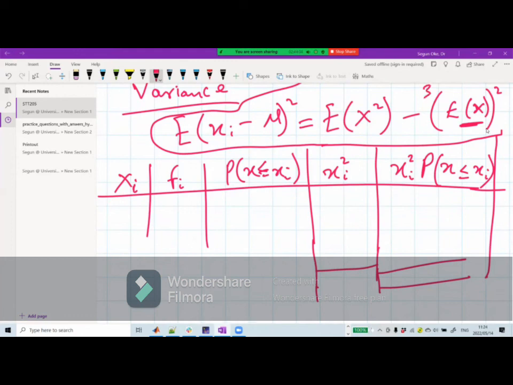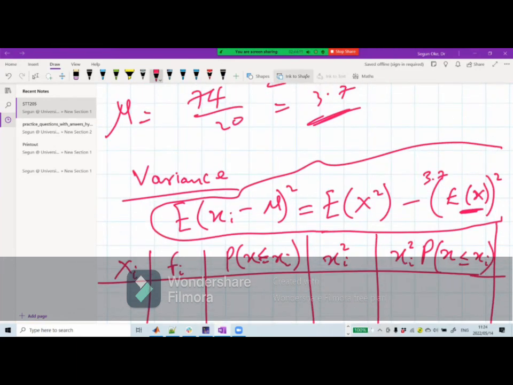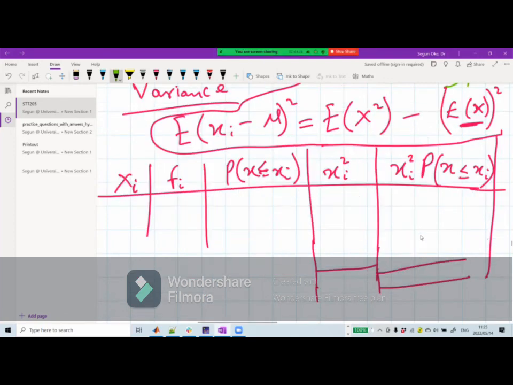This is 3.7 squared, and this one is the one you get from here. Then you get your final answer. Please, can you do it by yourself? Don't ask anybody. Solve it by yourself.